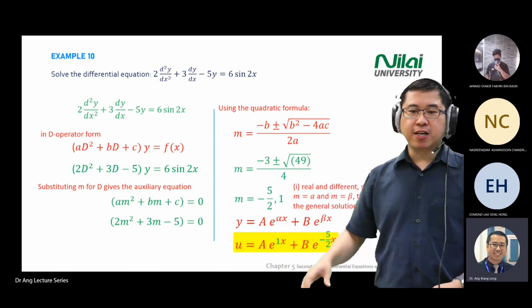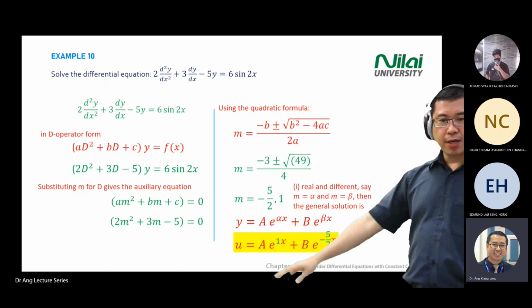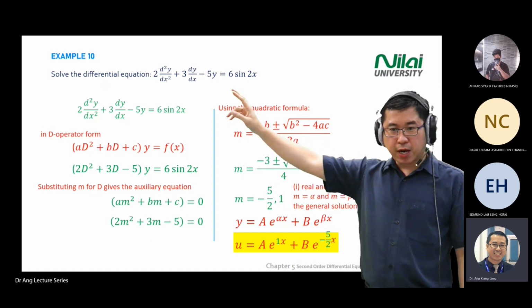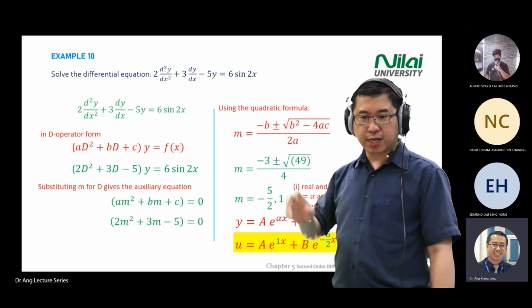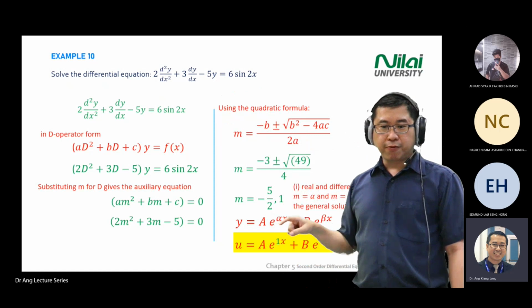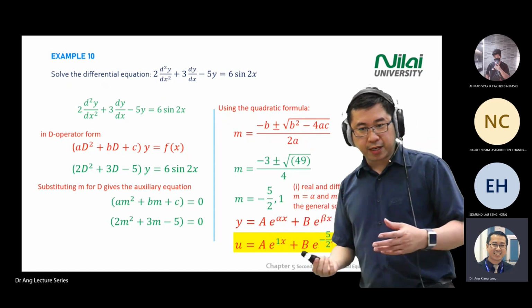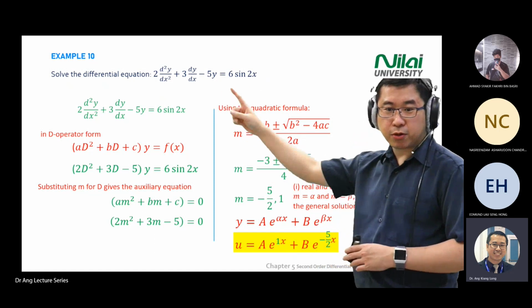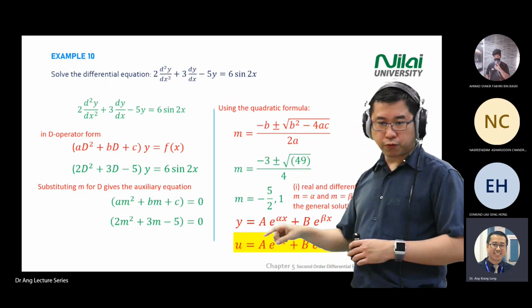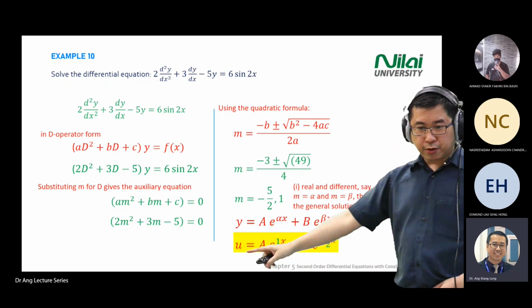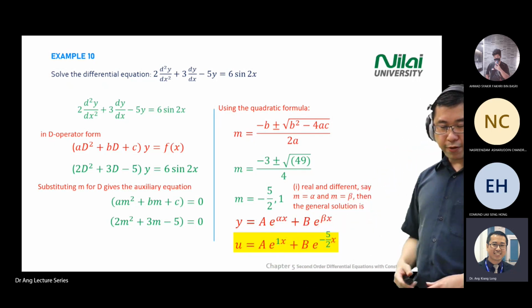And you read the question carefully. There is no x equal to something, y equal to something, dy/dx equal to something. So you don't need to solve for your a and b. Of course, it won't happen in the final exam. Final exam always gives you something to find a and b. Okay, you solved for the first part already.